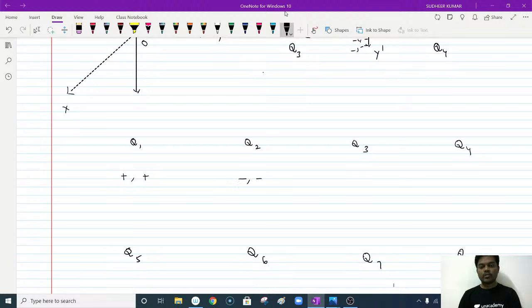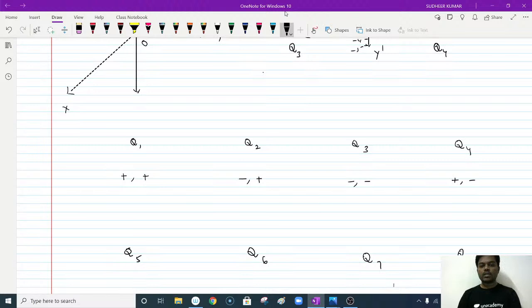In the third quadrant, as we know, this is negative and negative, and the next one is positive and negative, right?